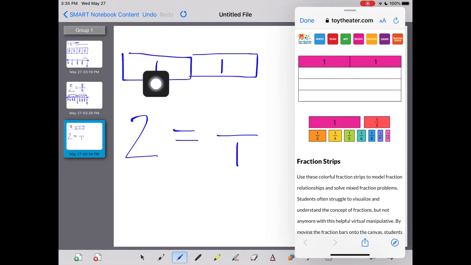Now, if this represents one piece, and this represents one piece, how many pieces do you have? What numerator should it be? 1, 2. Look at that. Now, there's really no way to say this. You don't say, I have 2 1ths or 2 1s. But this tells you that you have 2 wholes.